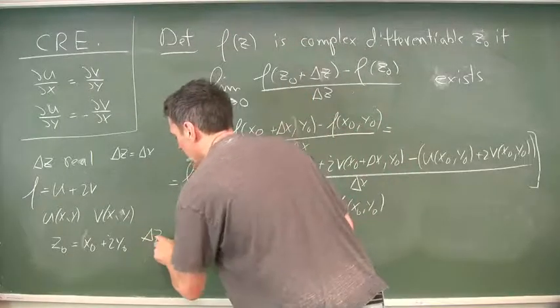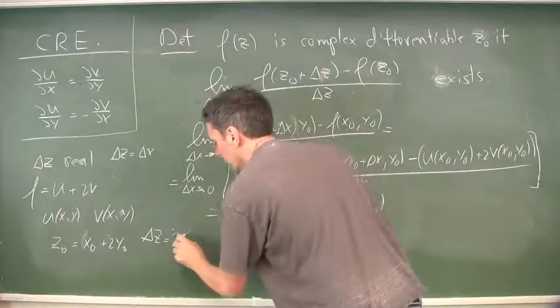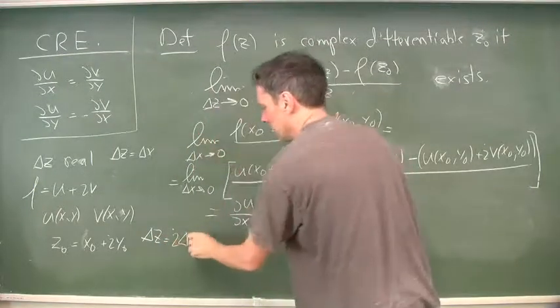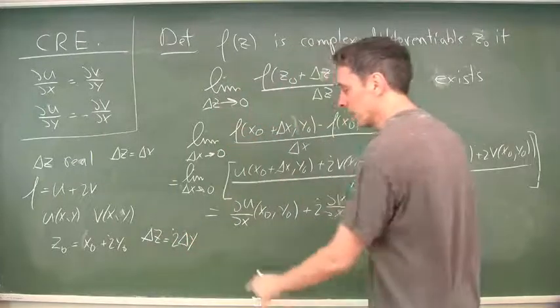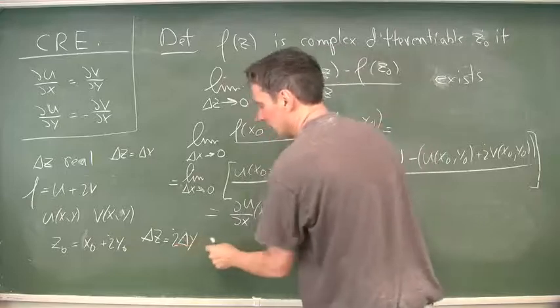But now we can also let delta z be an imaginary increment, which I write as i times delta y.